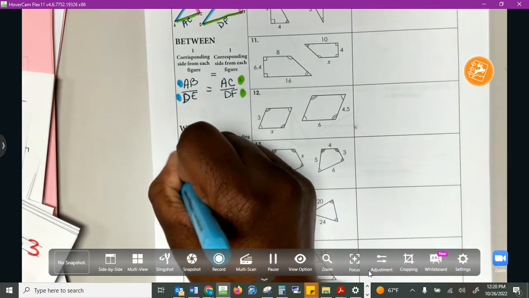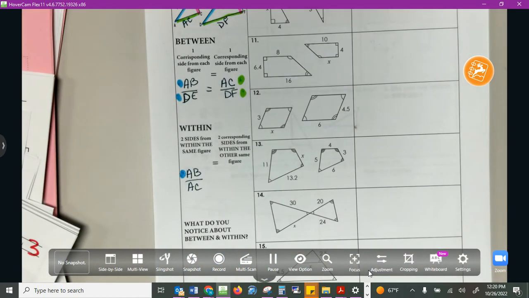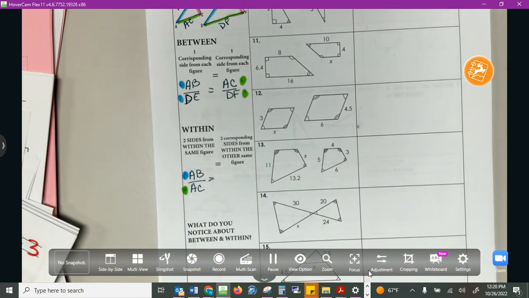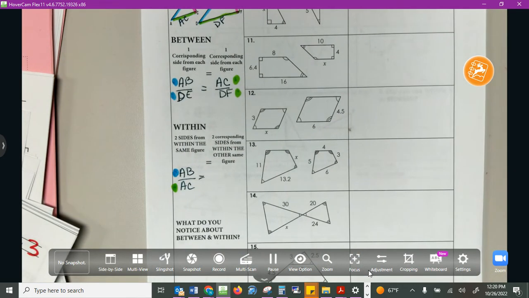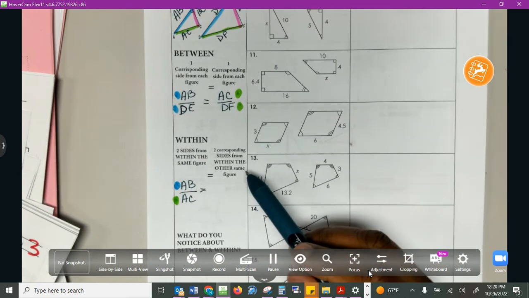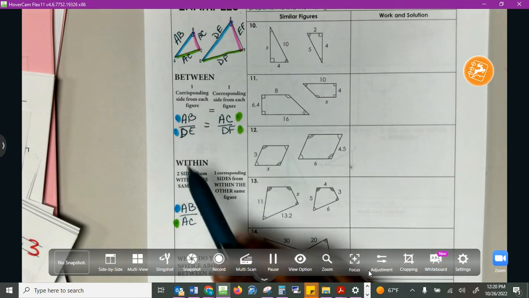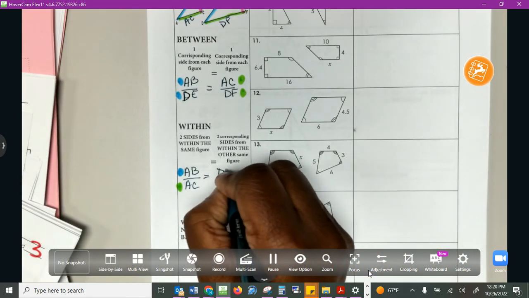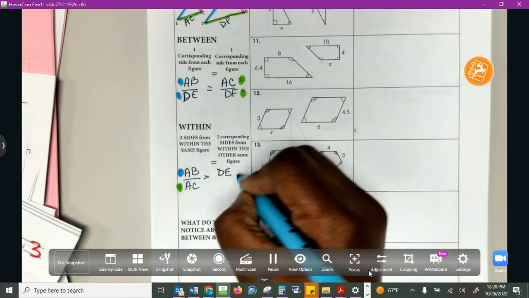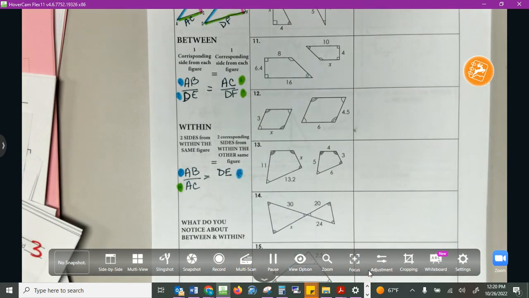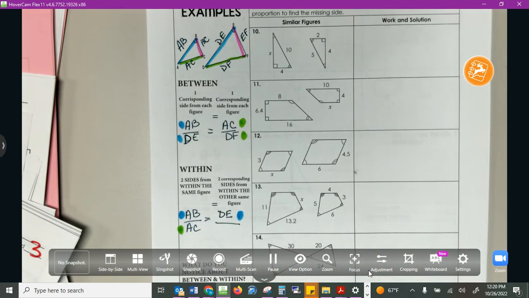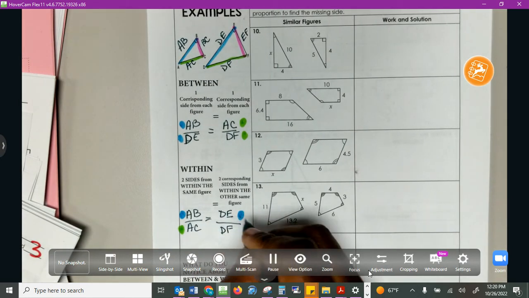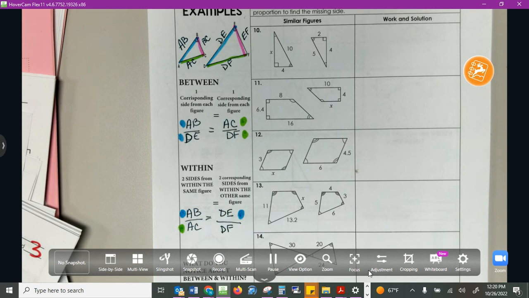So AB was blue and AC is green. And I'm going to set that equal to the corresponding, which means that it's on the same location on the other shape. So AB being blue, I'm going to use DE because that's also blue. And then I'll use DF, which is not pink, but green.